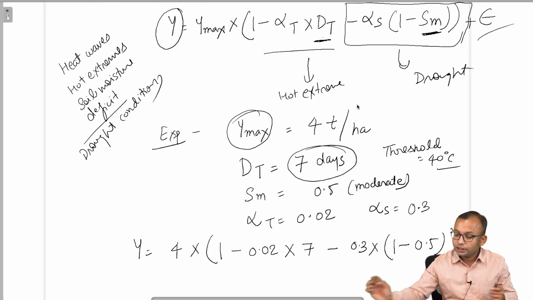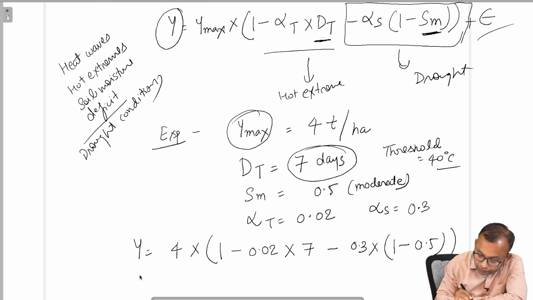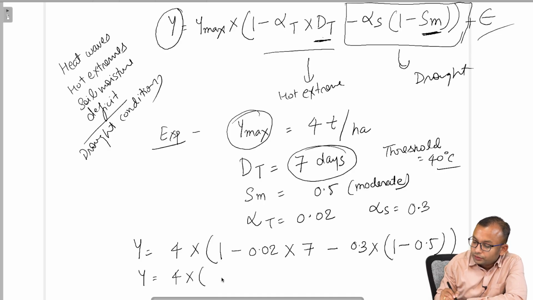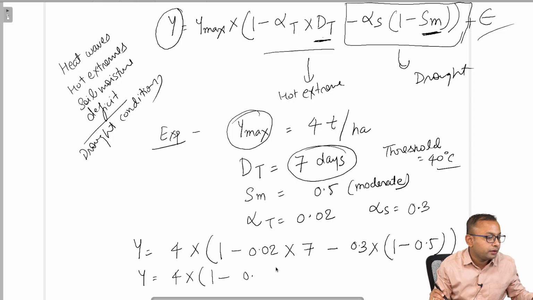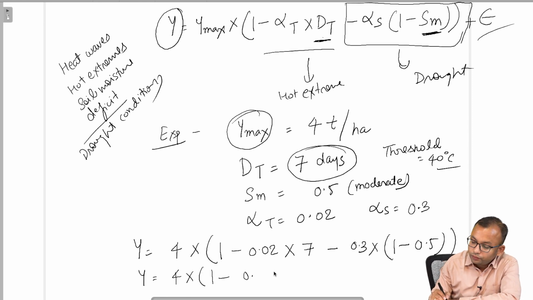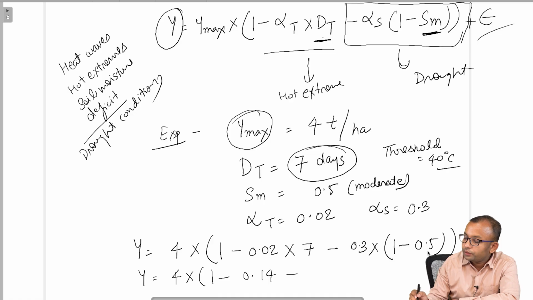So, this is how we can calculate. Further, y is equal to 4 multiplied by 1 minus 0.14, minus 0.3 times 1 minus 0.5, which is 0.5, and 0.5 multiplied by 0.3 is 0.15.